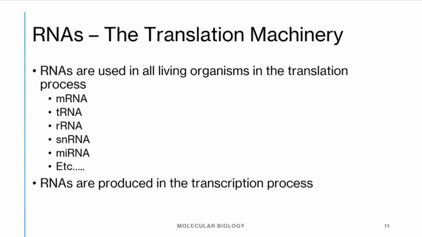RNAs are a very important kind of molecule in any living organism because they are involved in pretty much every step of the translation process. And all the different RNAs are produced by transcription. So you can imagine the transcription machinery manufacturing all the different kinds of RNA which are responsible for the production of proteins.